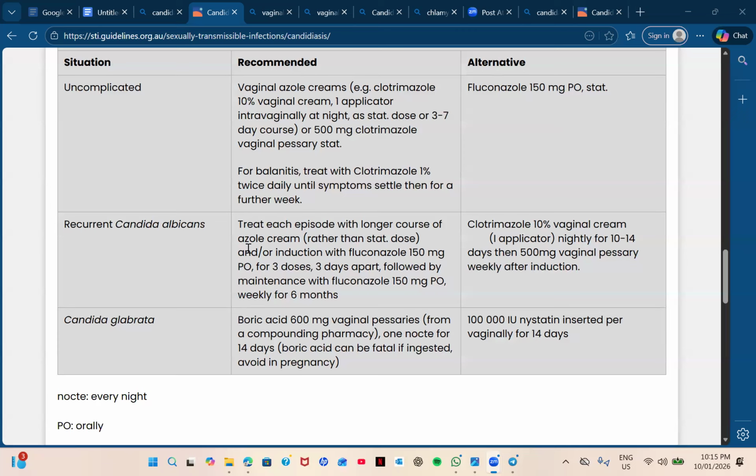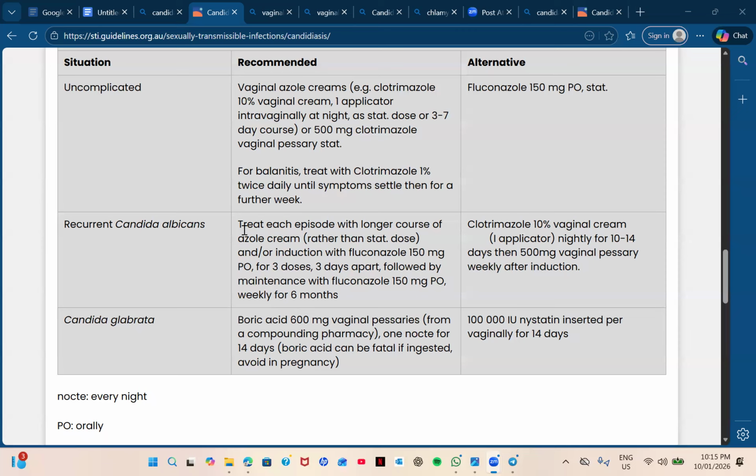For recurrent cases, treat each episode with a longer course of azole cream rather than a stat dose. Induction with fluconazole 150 milligrams orally for 3 doses, 3 days apart, followed by maintenance with fluconazole 150 milligrams orally weekly for 6 months.